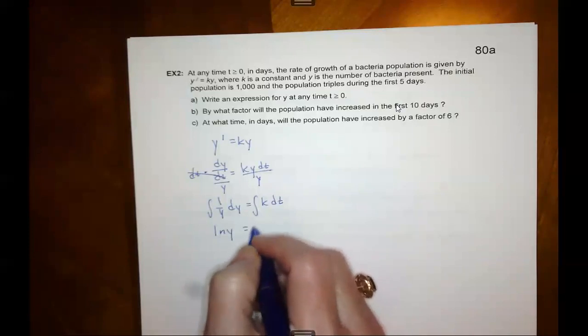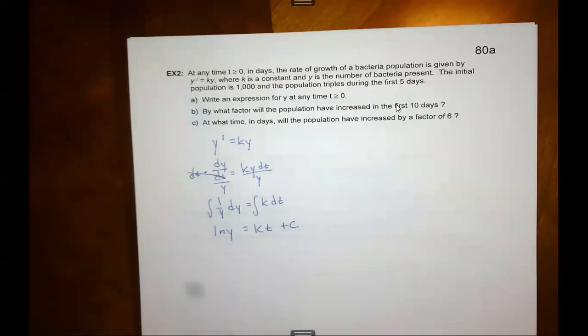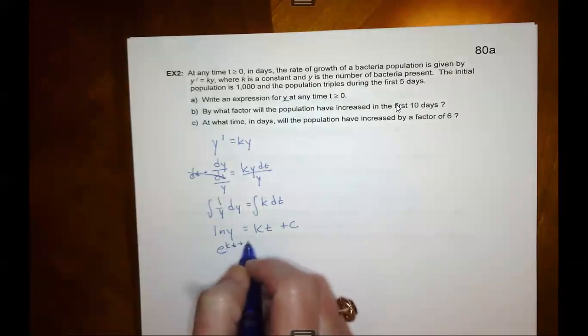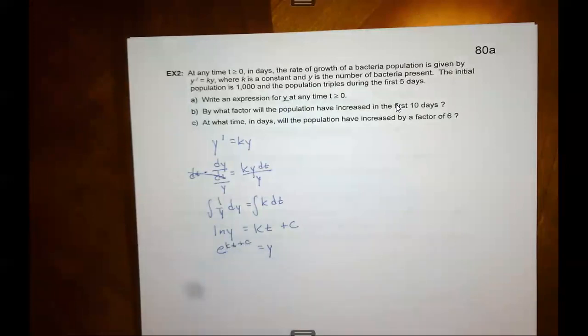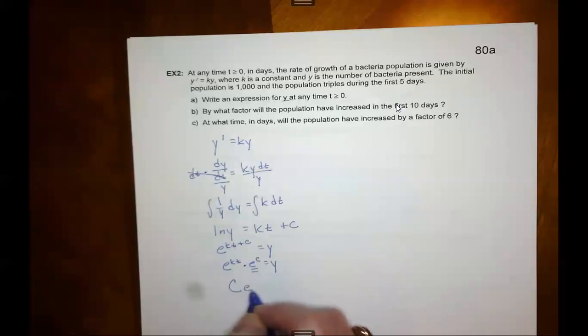Integral of k would be kt plus c. And again, they want that general solution, so we're going to go ahead and solve for y. So e to the kt plus c power will equal y. Remember, that's e to the kt times e to the c. And e to the c is just our constant. So c e to the kt power equals y.